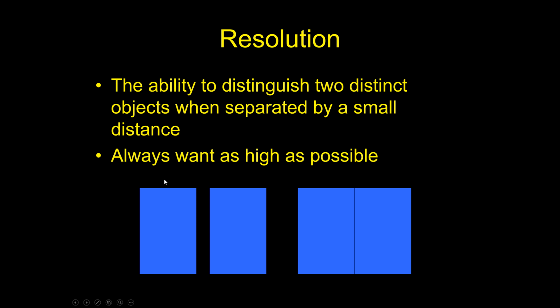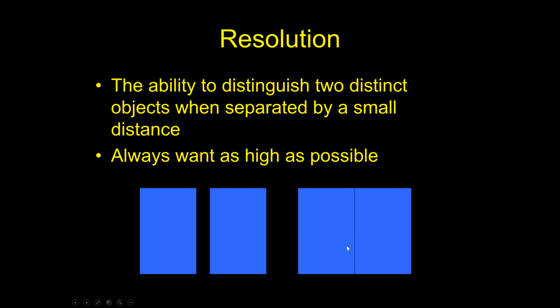When we're looking at medical images, resolution is defined by the ability to distinguish two small objects that are really close together. I can take two little dots, like these two blue rectangles here, and if I start pushing them closer and closer together, there's going to be a point where I really can't tell there's two.